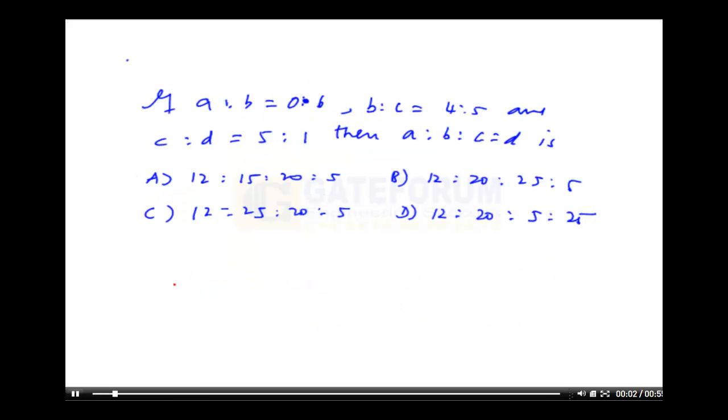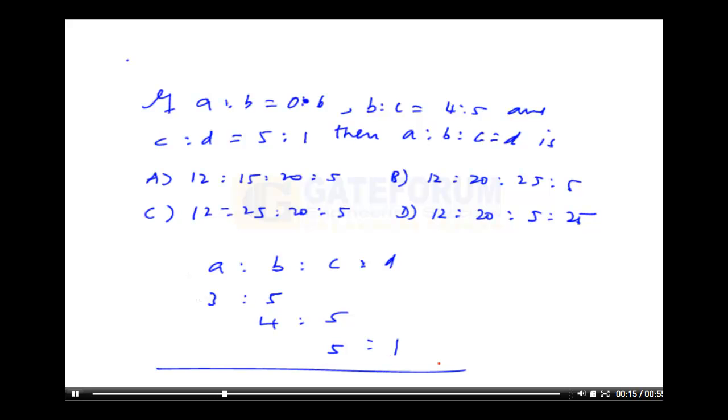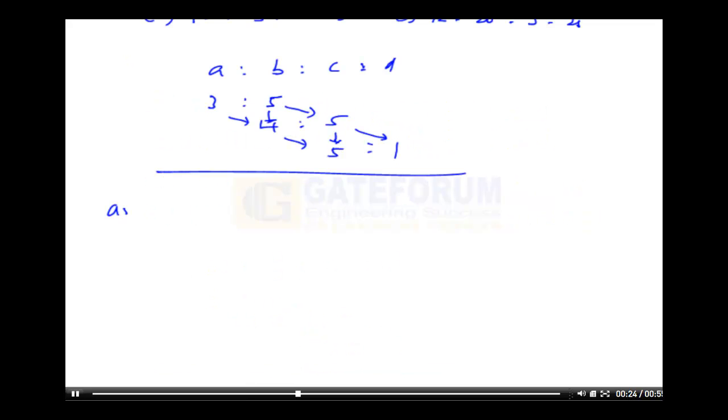To combine three ratios, let us write straight away A is to B is to C is to D. Below that the corresponding numbers. 0.6 is 3 by 5. This is 4 by 5. And then 5 is to 1. Draw the line, mark the arrows. A is the left three numbers, D is the right three. In between you have B and C. So if you want A, just multiply 3 into 4 into 5.